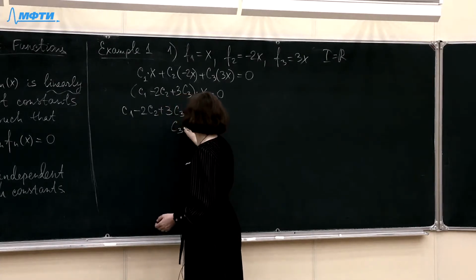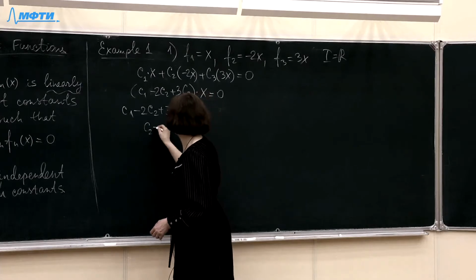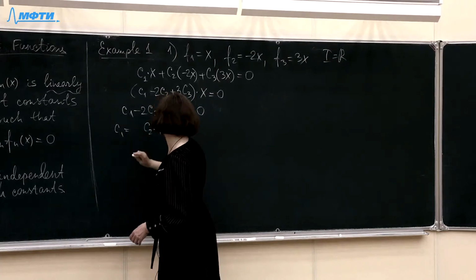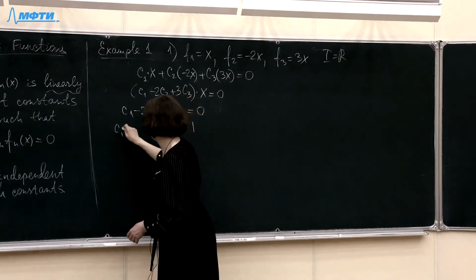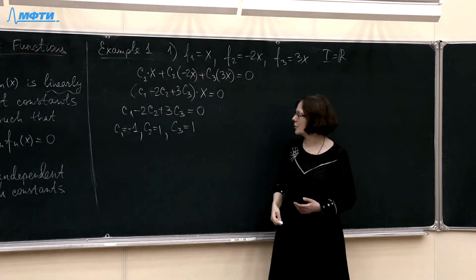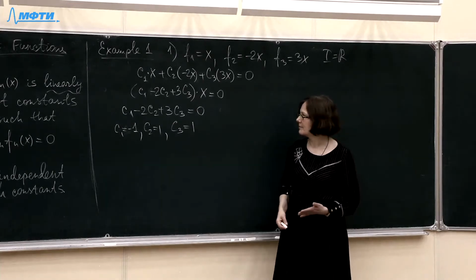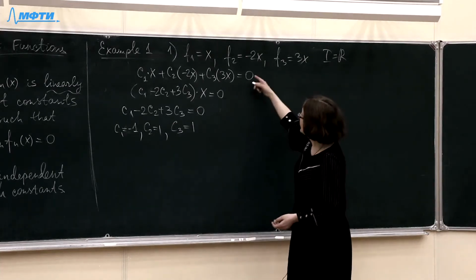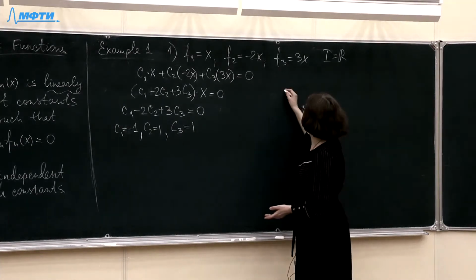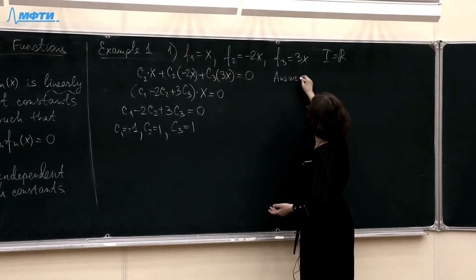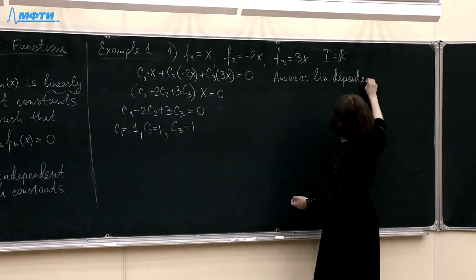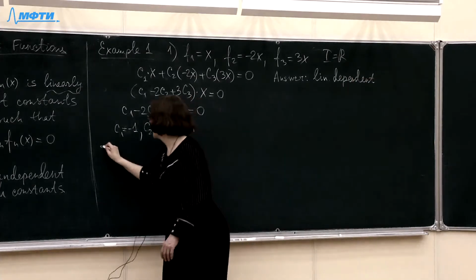Let it be C3 equals 1, C2 equals 1, and then C1 equals, well, not 1, minus 1, negative 1. So it is satisfied with these values. Okay, so the answer is this set of functions is linearly dependent.